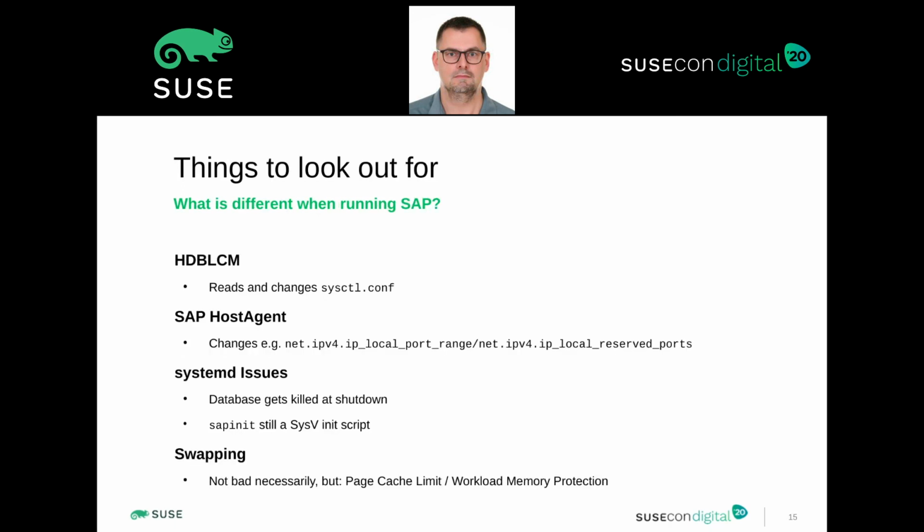So my last slide, something that is a bit different when having SAP software compared to maybe other software. First, the HANA database lifecycle manager reads and changes the global.ini. So even if you have set up your system with a configuration tool like saptune or sapconf for a HANA database, the HDBLCM will check the file, and if the entry is not there, add it.